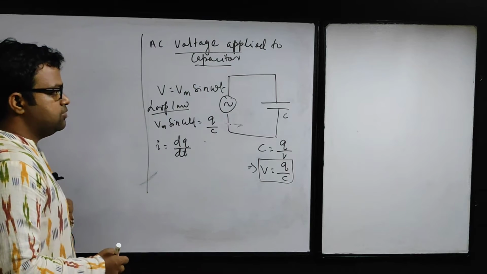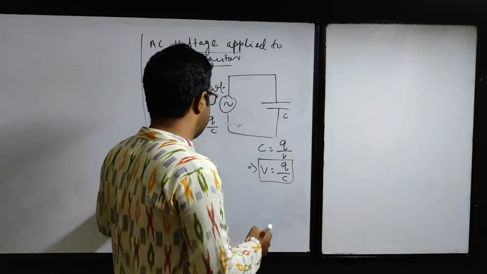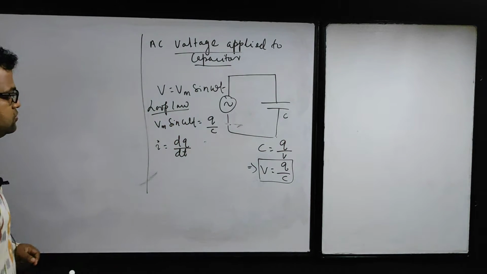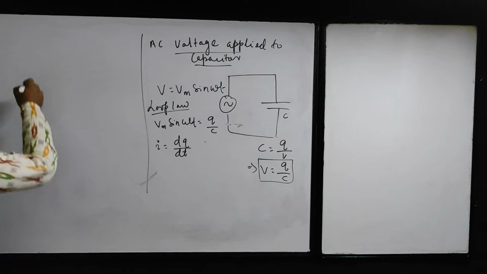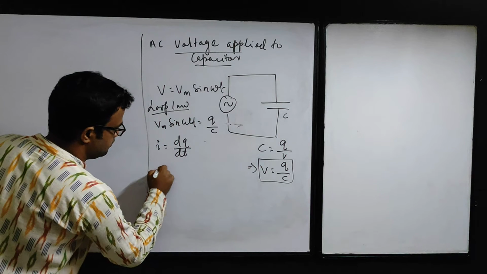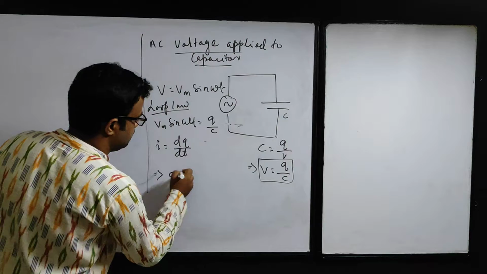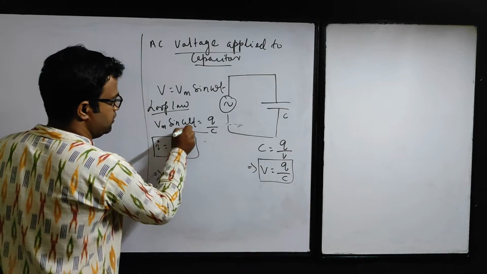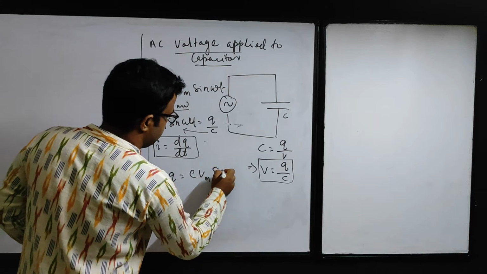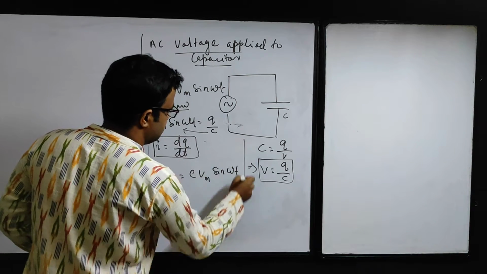So how will you proceed? Let's see what we are getting here if we cross multiply. Your Q will be, cross multiply, C Vm sin omega t.